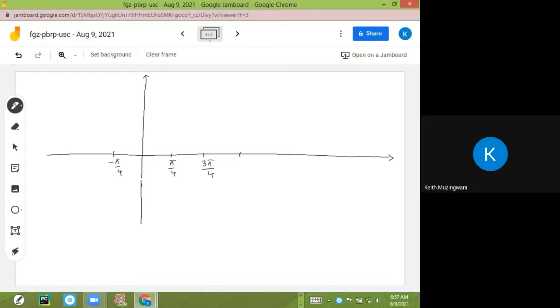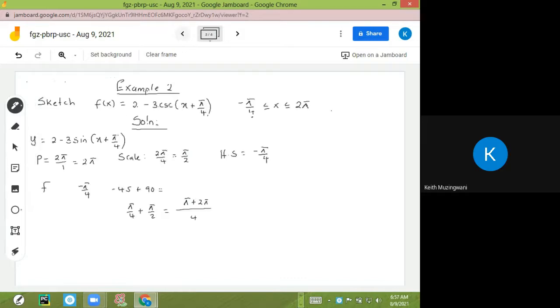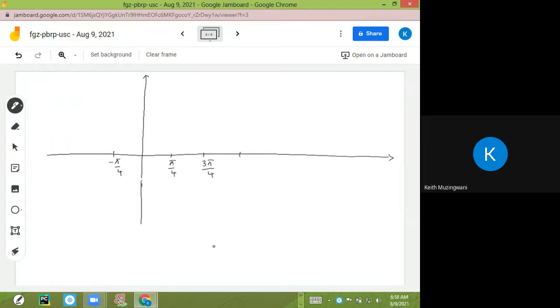And then we add another 90. So 3 pi/4 plus pi/2. We have 4 down, 3 pi plus 2 pi, so we'll have 5 pi/4. We add 90 again.